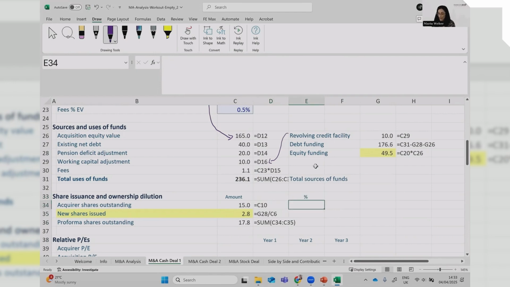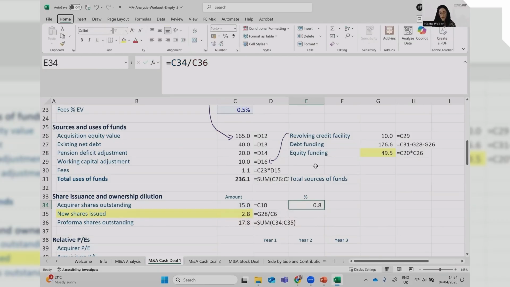Something we would just want to look at is what's the balance of existing shareholders in the acquirer versus the new shareholders we're letting in. So existing shareholders have 15 million shares out of a total of 17.8 million. So they own 84.5% of the now enlarged company. And the new shareholders coming in, they own the balance, which is 15.5%.